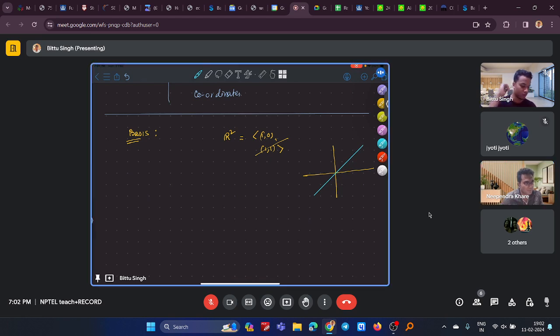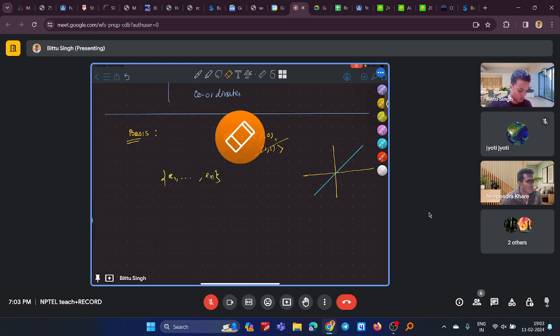So basis means a generating set. What is a generating set? First of all, a generating set means some elements, suppose in standard notation e1 up to en, and this should generate the whole space. Their union may not be the whole space.